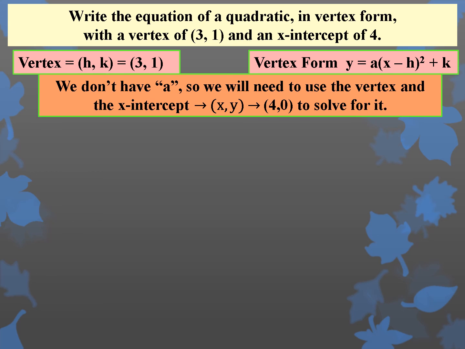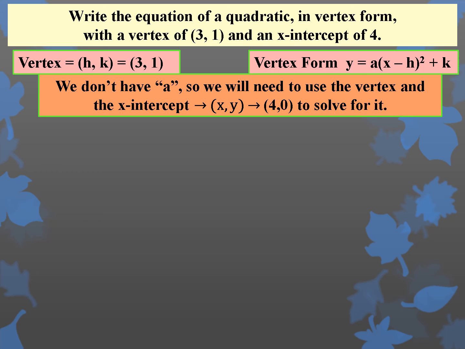If I have an X-intercept of 4, my X-intercept is an X, Y point. So I am going to plug in H, K, X, and Y, and I'm going to solve for A.